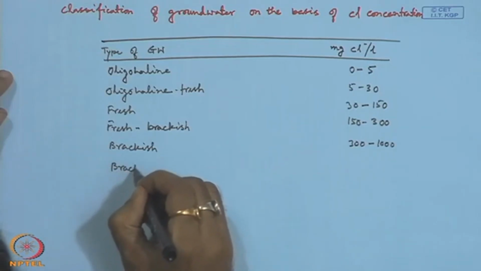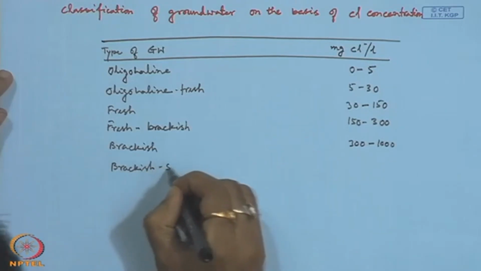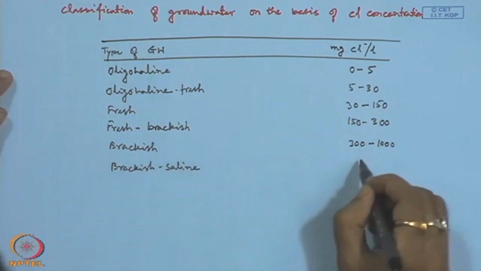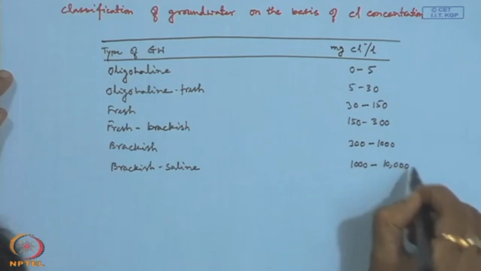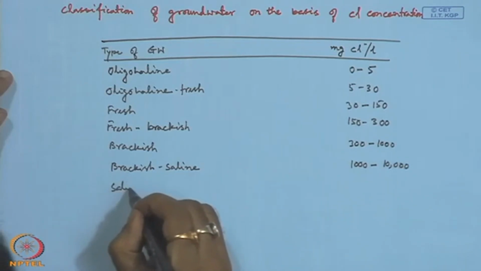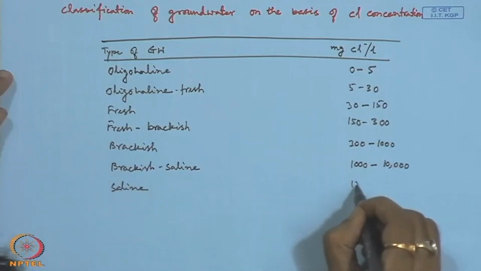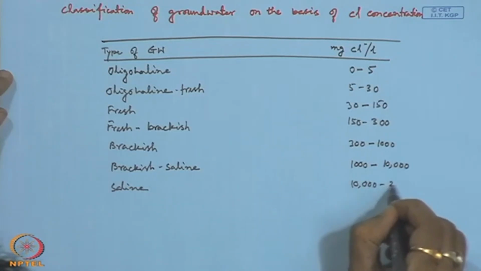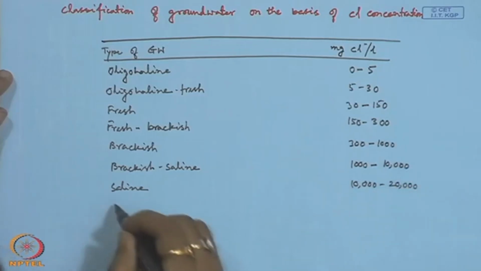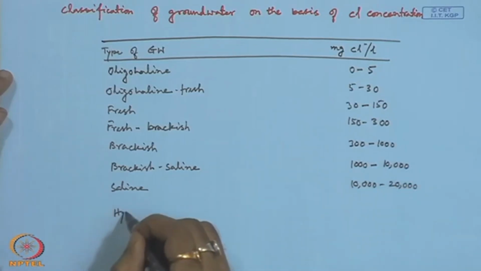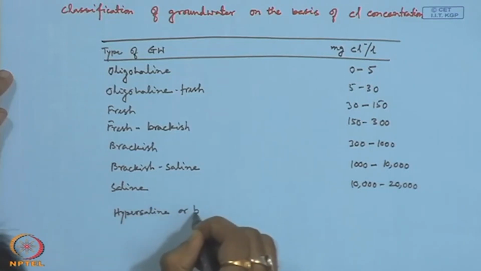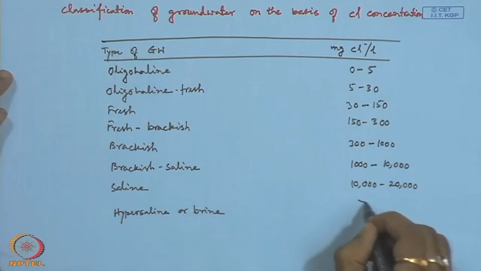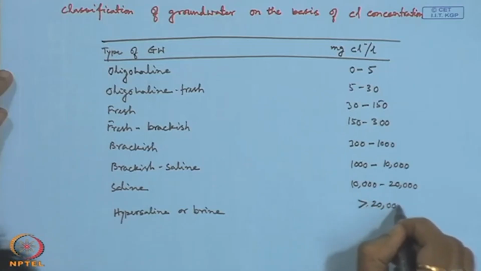Then brackish saline, 1000 to 10,000. Then saline, range 10,000 to 20,000, and the final range is hypersaline or brine, greater than 20,000.